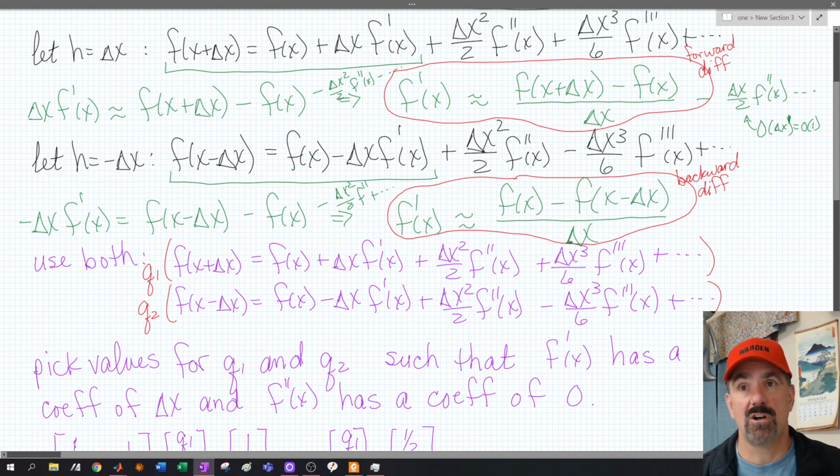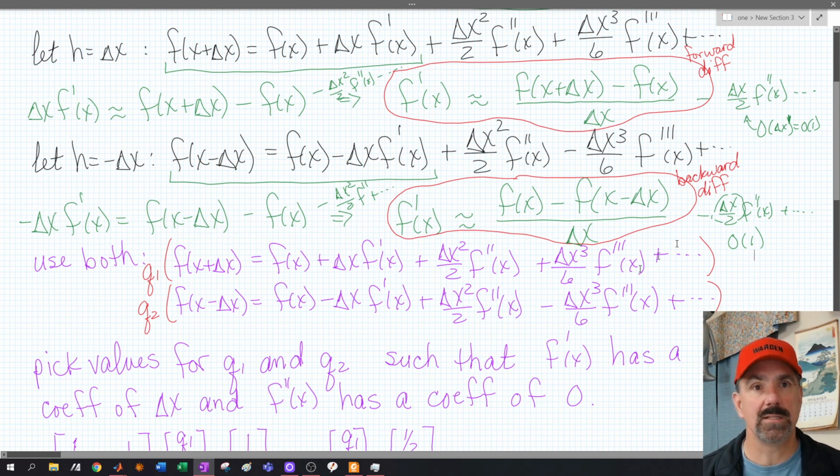And when I solve, dividing through by delta x, I'd have a negative delta x over 2 f double prime of x minus or plus other material, I don't care. Notice the first term has order delta x, which is order 1, because we're looking at the exponent, the power of delta x.